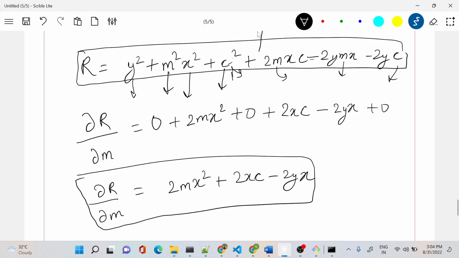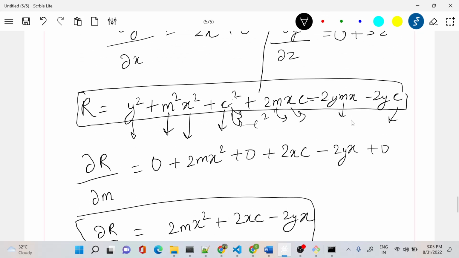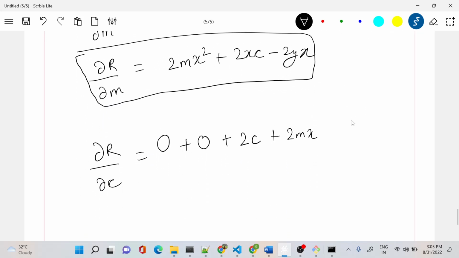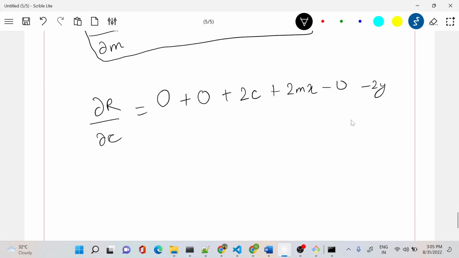And in 2mxc we have just 1c, so this turns out to be 2mx. In minus 2ymx we do not have any c term, so it is 0, and in minus 2yc we have just 1c, so this turns out to be minus 2y.